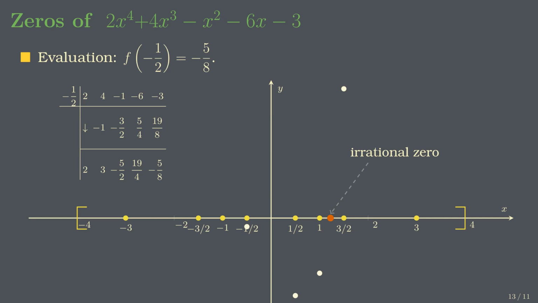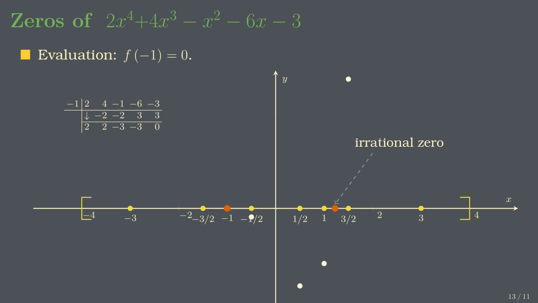Now, f of minus 1 over 2 is minus 5 over 8, right? So it is not zero. And from the third row of this division, we cannot tell whether this is a lower bound for zeros of f or not. So we proceed by computing f of minus 1.